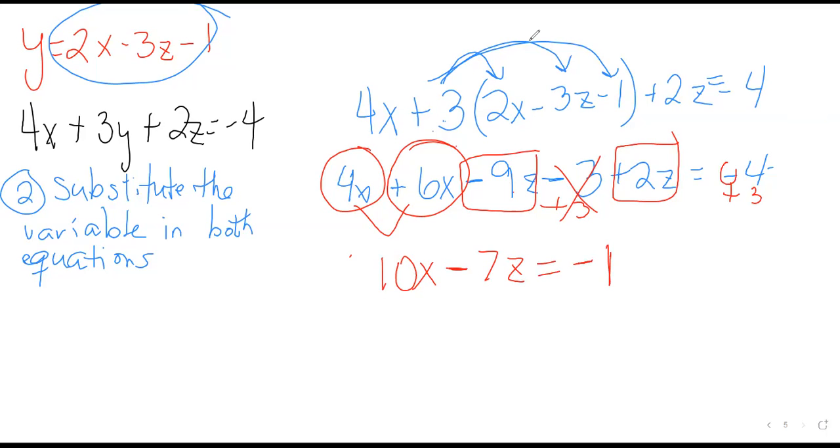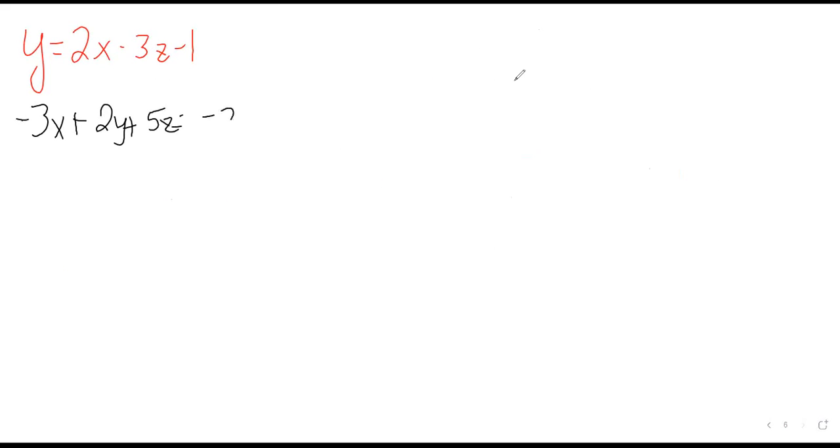Now I need to go ahead and do it with the second one. So the second one, again, I have y equals 2x minus 3z minus 1. And now my second equation, or really equation number 3 in my original list, was -3x plus 2y plus 5z equals -3. And again, I do the exact same thing. I just go ahead and plug in that y.